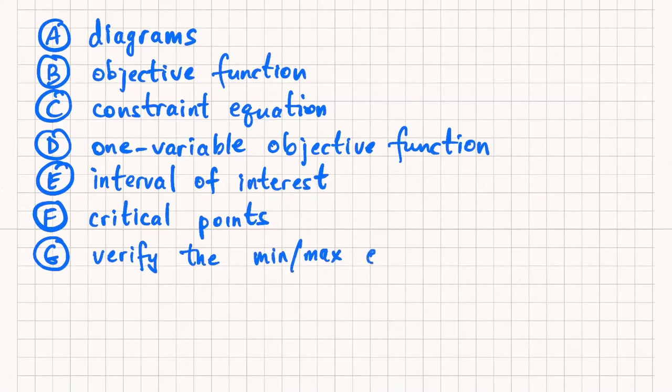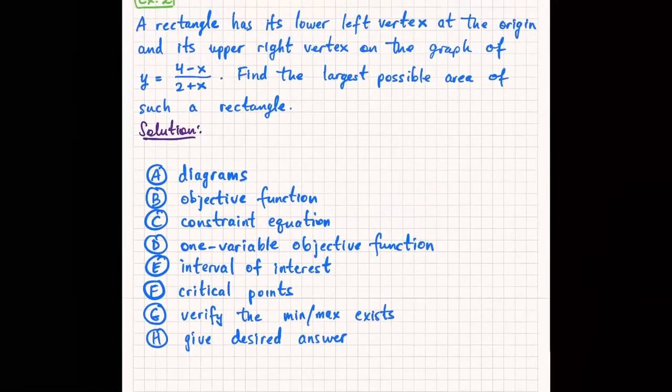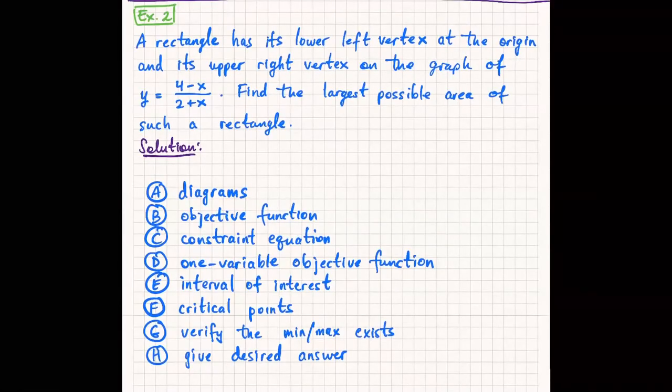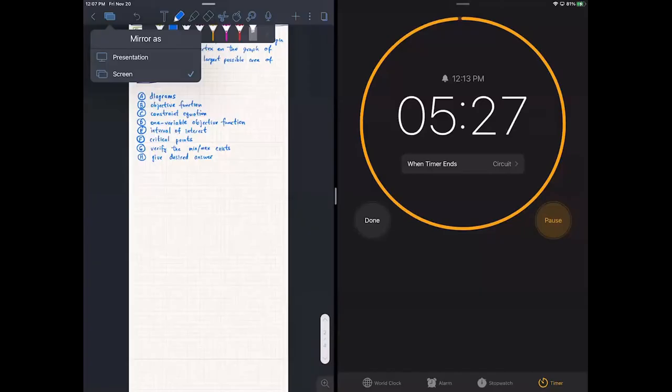So verify the min or max exists, and then finally answer the question. Now I'm going to give you a few minutes to actually work on this. That's a good rough sketch of how to do this problem. Very good work. I'm going to give you 5.5 minutes. You may not get all the steps. That's fine. Try to get as many as you can.